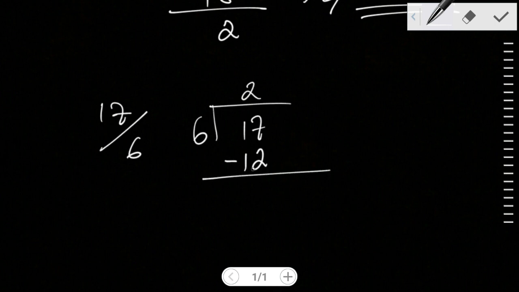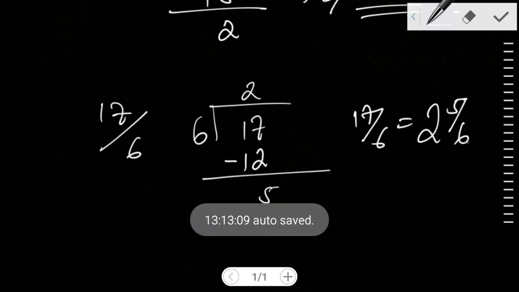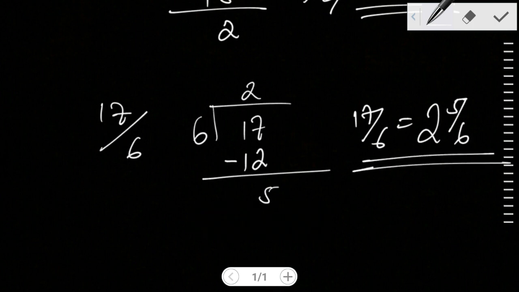If I subtract here, I would have 5. Having got 5, to write this, 17 all over 6 would be equal to 2 whole number, 5 all over 6. And this would be my answer.